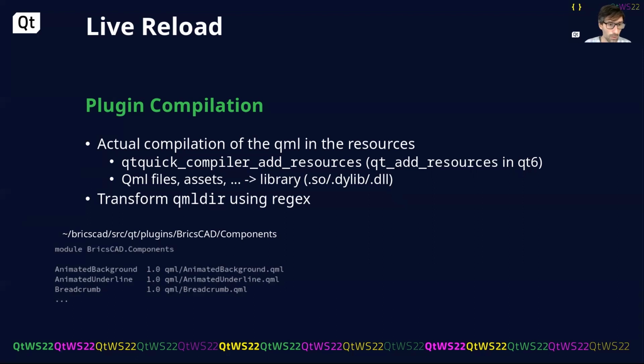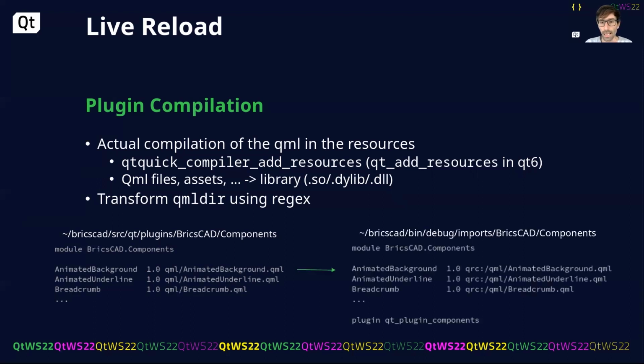It lists all of the components that are part of the public API for this plugin. The file for the compiled plugin looks a bit different. You can see that it lists the same list of components, but all of the component paths have a qrc inserted in between. This means that when importing the plugin, those components will be looked for in the compiled plugin. That's needed. What's also needed at the bottom is the plugin statement, followed by the name of the plugin.